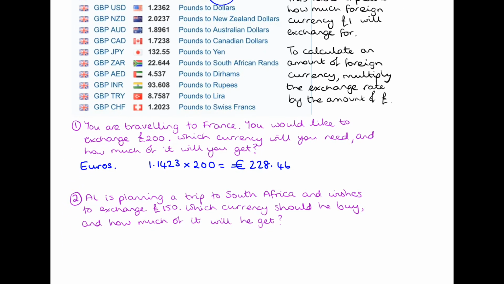Okay, next one. Al is planning a trip to South Africa and wishes to exchange £150. Which currency should he buy and how much of it will he get? Okay, so remember what we looked at yesterday? In South Africa, their currency is called the rand, so they use rands. So here are the rands. Okay, so this is the exchange rate we need.